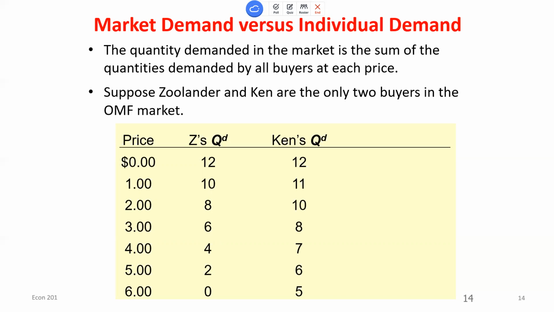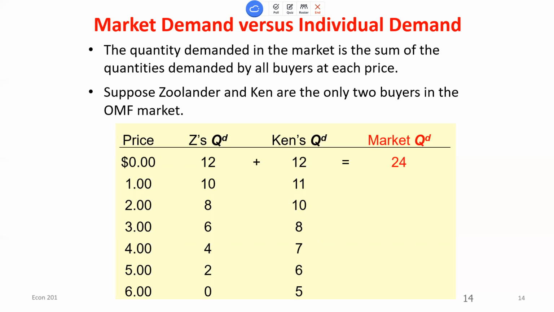So it might have a flatter slope demand curve. We could draw both these individual demand curves out if we wanted to, but generally what we're more concerned with, if I'm the company that's making these drinks, is how many are going to be demanded overall in the economy. So what we'll do is at each one of these prices, just add up. Well, at the price of 6, I'll sell 0 to Zoolander, 5 to Ken. So the market quantity demanded would be, oh, I'm working the opposite way, sorry, at a price of 0, they both consume 12, right?